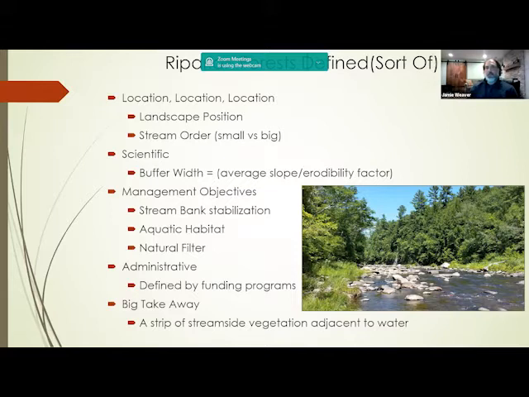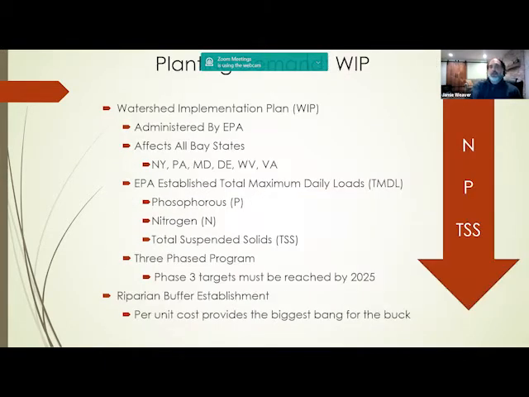But the big takeaway, at least in terms of the presentation we're carrying forward today, is that we have these narrow strips or maybe wider strips of vegetation that are adjacent to water bodies. And so this is to set everything into context. I preface this slide by saying that I'm a field forester, so I am way down the food chain when it comes to some of the administrative aspects of this and what the targets are.